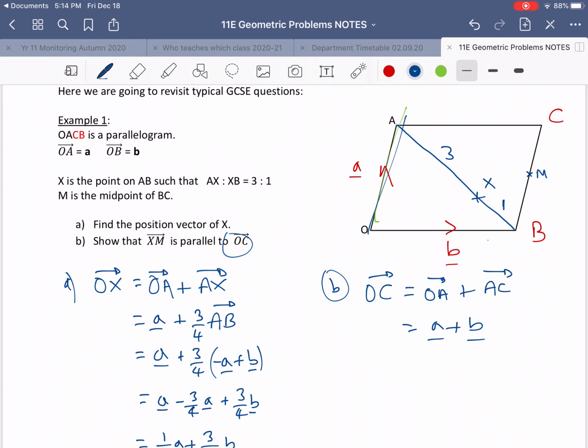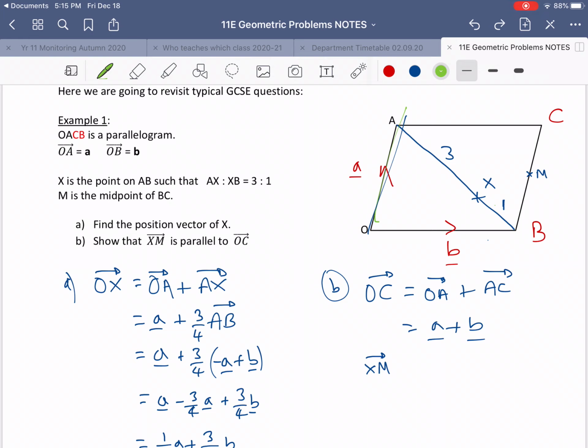So I've done that one. I now need to look at X to M. So X to M, well, I can go different routes. I could start here and go up, along, down, or I can start here and go down and up. It doesn't really matter. I'm just going to go down, along, diagonal, and up.